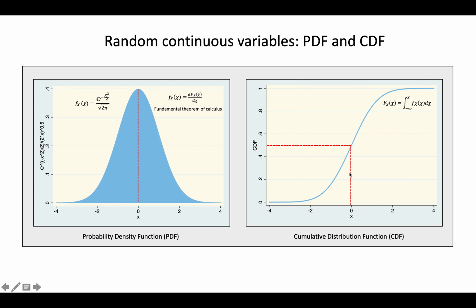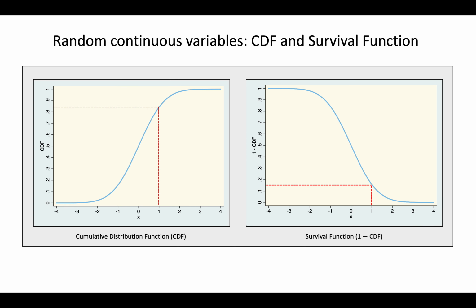Say, for example, in this case, the probability of having more than 0 value is going to be 50%, as you can see here. So this is what the CDF tells us whenever you see this.